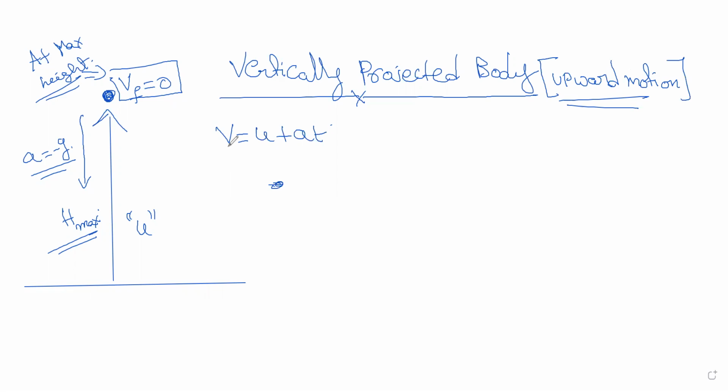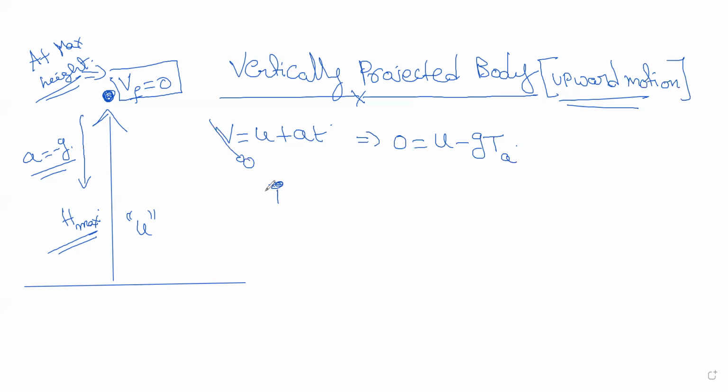What is the final velocity? 0. U is upwards, so u is fine. So 0 is equal to u, but acceleration is minus g, minus g times ta. We'll write ta to mean time of ascent.